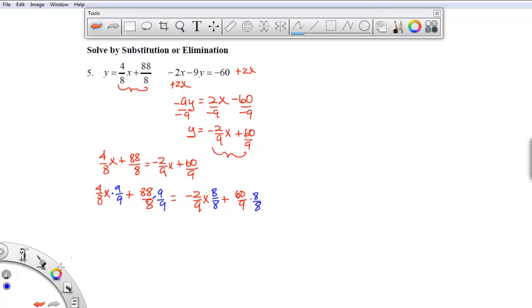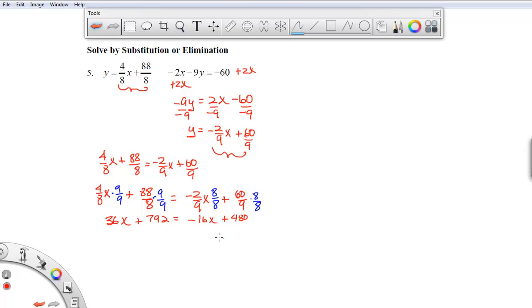So 9 times 4, that will give me 36x plus 9 times 8 is 72, 720, and then plus 72, that would be 792 equals a negative 16x plus 480.